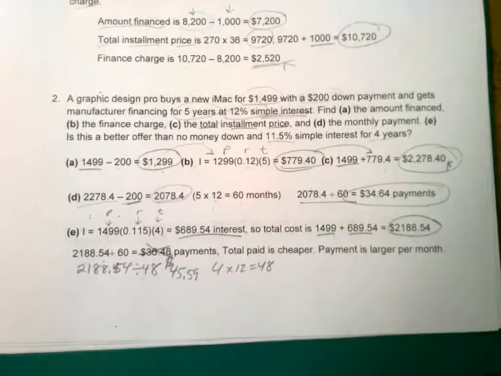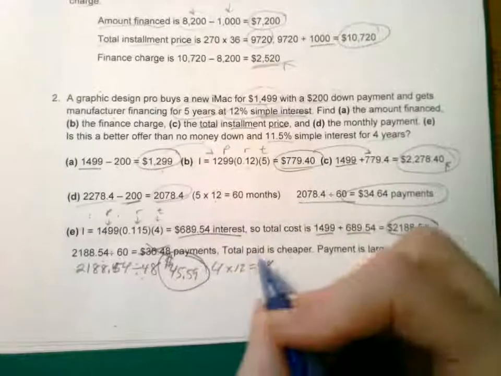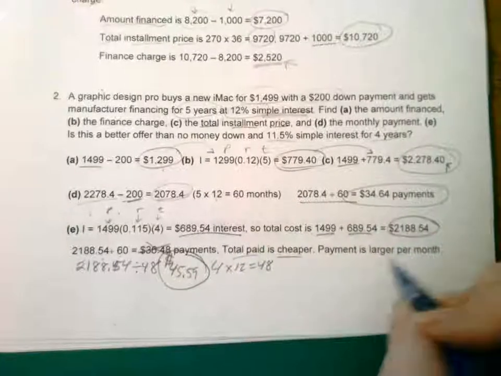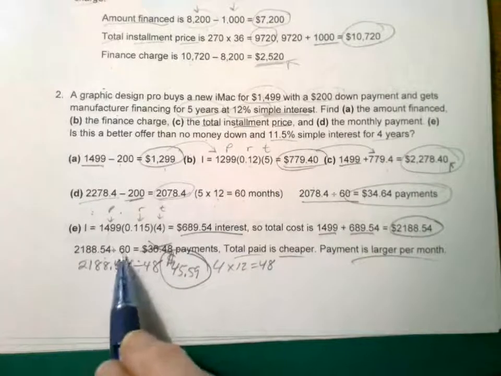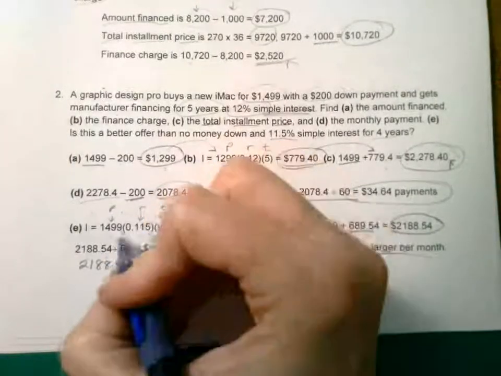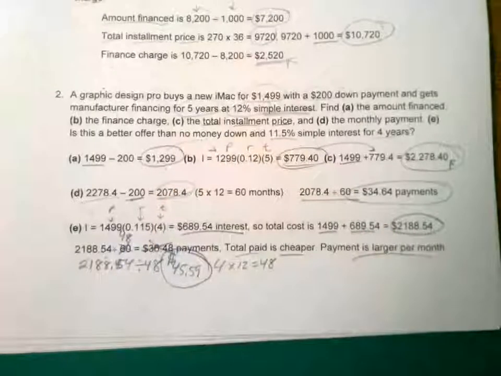That makes more sense, since you're going to pay more for paying it off a whole year sooner and you didn't put a down payment. So that should be that number. Total paid is still cheaper and the payment is larger per month. That's true. Sorry about that, I calculated with 5 years instead of 4 years. Okay, we'll practice some more.